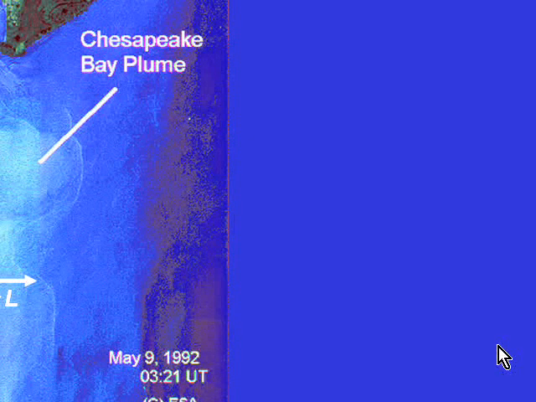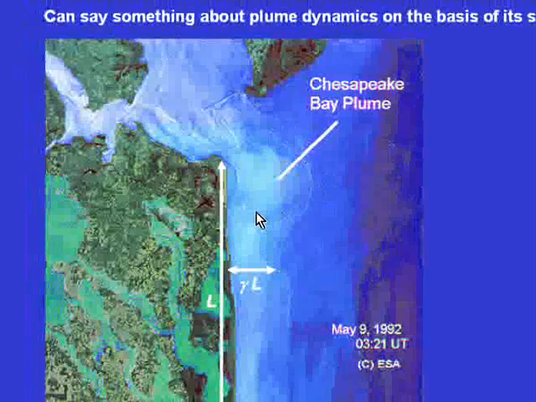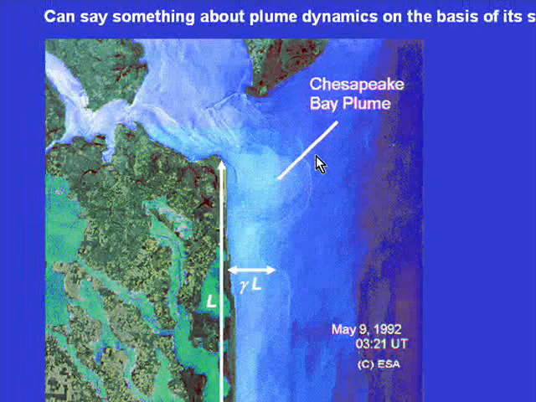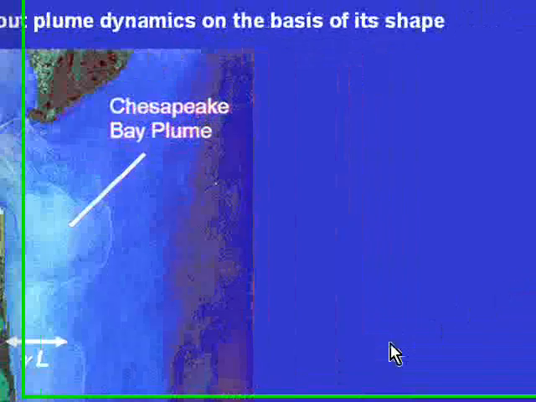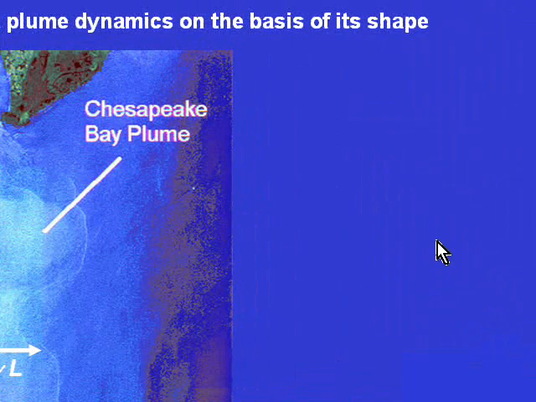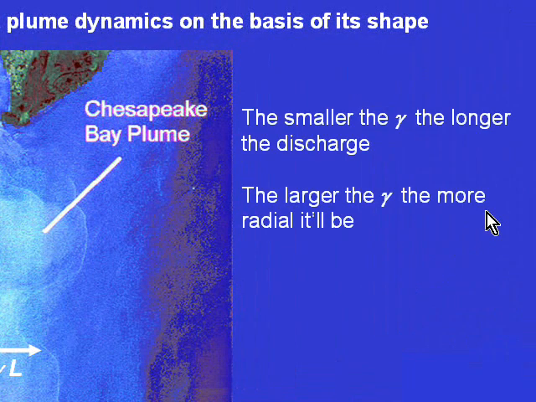All right. We can say many things about the plume dynamics just on the basis of its shape. And in order to characterize the shape, we can look at how long it is and how wide it is. We'll call how long it is L, capital L, and how wide it is by this product, gamma L, where gamma will be called the slenderness parameter of the plume. This is based on a work by Garvine in 1995.